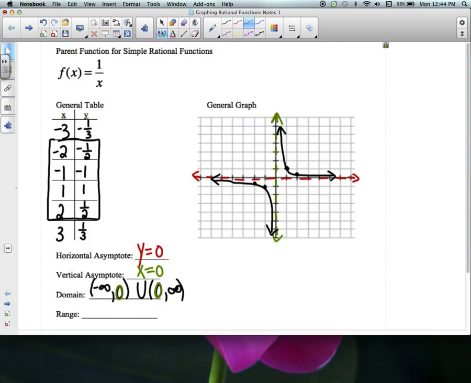And the x equals 0 is the reason why it's starting and stopping at those points. Because remember, domain is the set of all your x values. Range is going to be the same, except that the 0 is coming from the horizontal asymptote of 0.